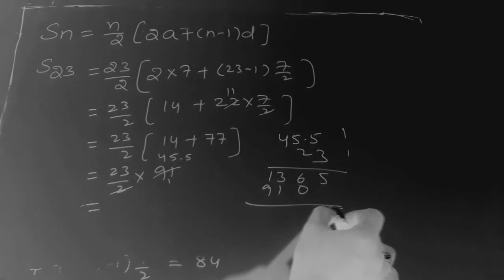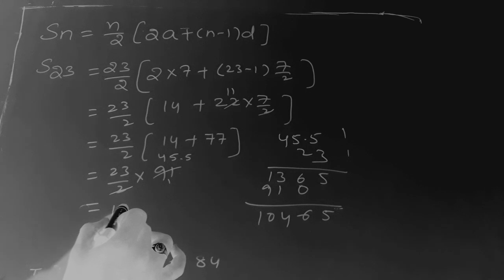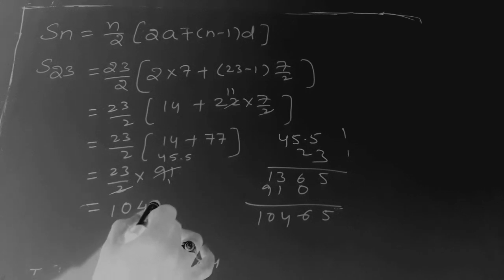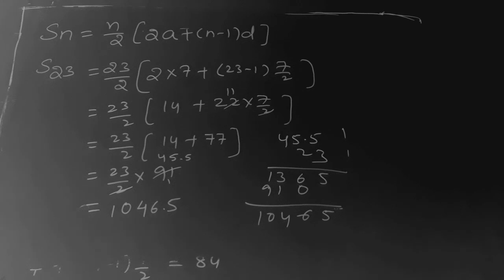So 5 here, 6, 4, and this is 10. Point after one digit. So 1046.5. So this is the sum of 23 terms of the given series.